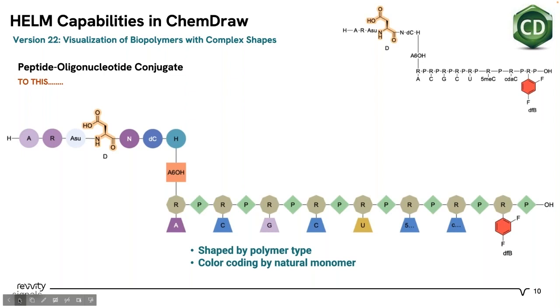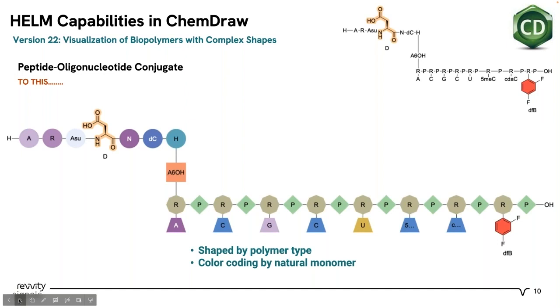In addition, you have color coding according to the natural monomer that these monomers are built from. So where you have custom or unnatural monomers that you're building and working with, you have color coding back to the natural monomer, so you can easily identify where that's coming from, what the origin is, and you can quickly identify it within that sequence.